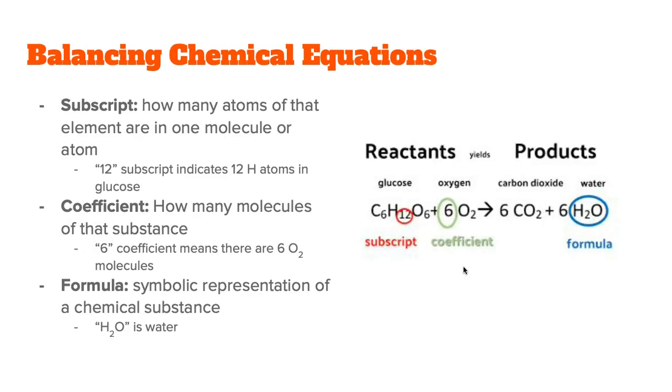So this slide explains a common confusion. The subscript tells you how many atoms are in one molecule, and the coefficient tells you how many molecules you have. For example, this glucose molecule has 12 hydrogens, 6 carbons, and 6 oxygens.